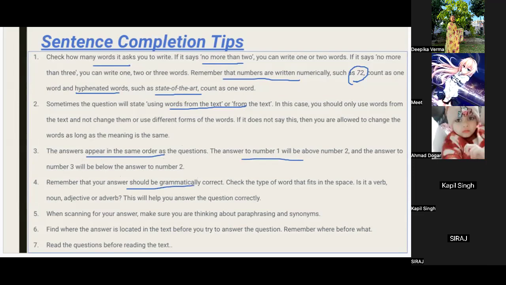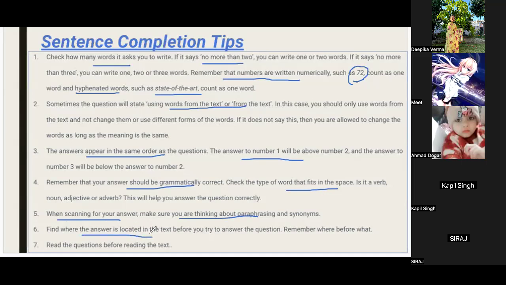If you're not writing the answer with grammatical correctness and it has any errors, then it is wrong. Check the type of words that fits in the space. कि word वहां पे verb आएगा, noun आएगा, adjective आएगा और adverb आएगा. Right? When you're scanning for your answer, make sure कि आपने paraphrasing check करी है, synonyms check करे हैं. Find it out very carefully.